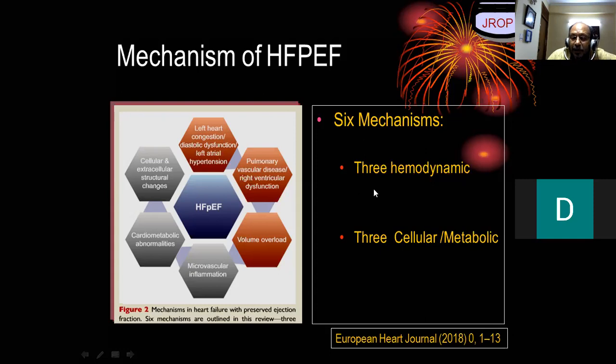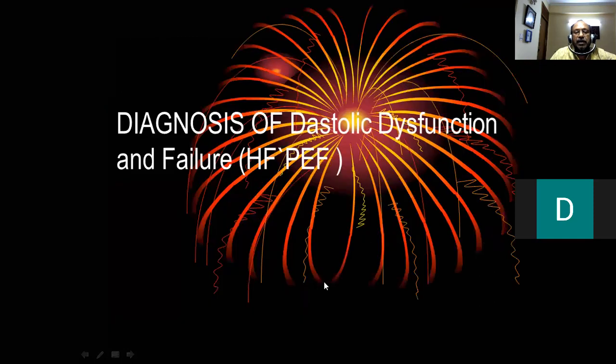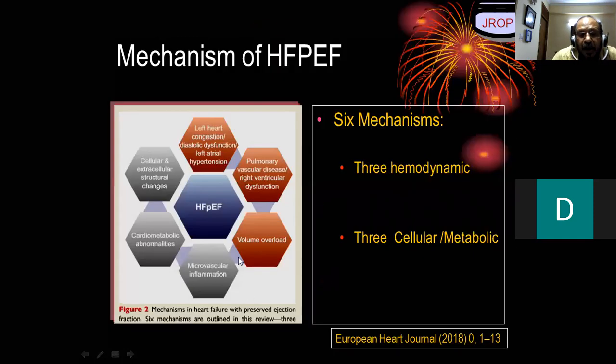Then came 3 cellular or metabolic conditions: cellular and extracellular structural changes, cardiometabolic abnormality, and microvascular inflammation. In heart failure with preserved ejection fraction, the people who are diabetic, hypertensive, hypothyroid, with sleep apnea syndrome, or obesity do not belong to these hemodynamic categories.